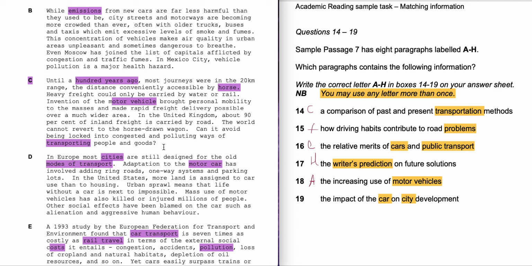So because of this car transport, they added ring roads and one-way systems, and they added parking lots. All of this basically impacts city development.